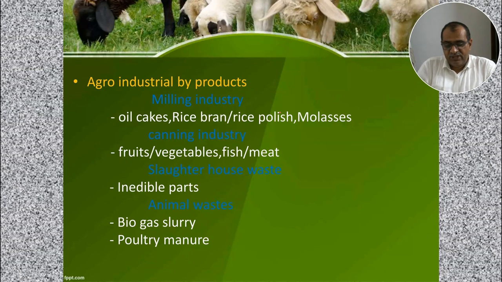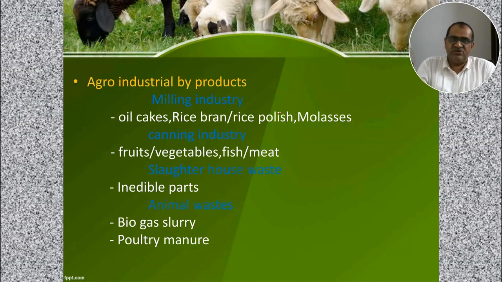Then we need to look at the oil cakes, and rice bran, which is also the waste of rice mills, and tons of this rice bran are generated from rice mills every day.